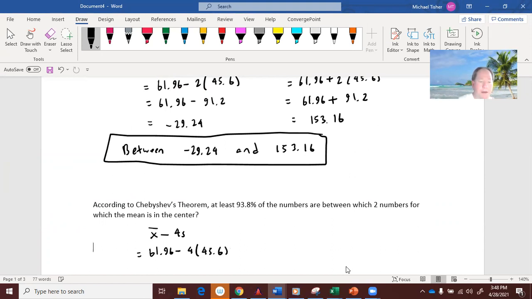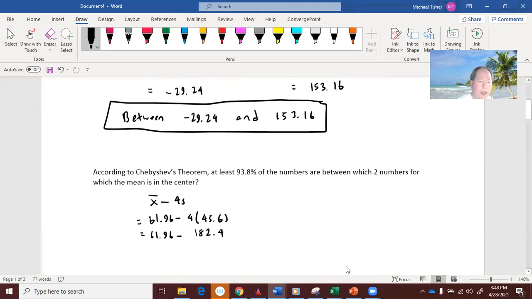Let's see, 4 times 45.6 is 182.4. And 61.96 minus 182.4 is negative 120.44.